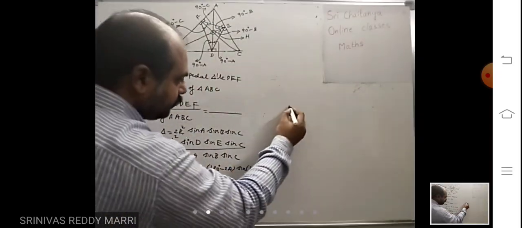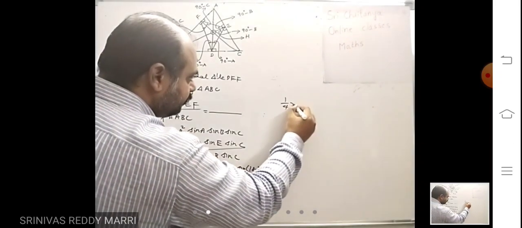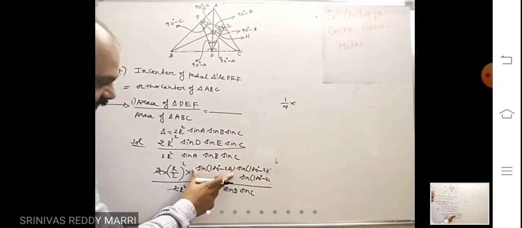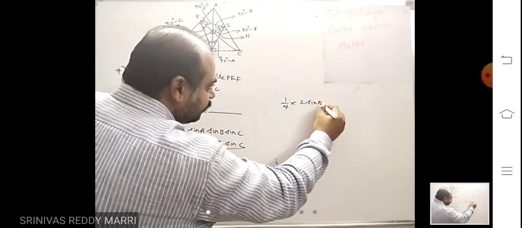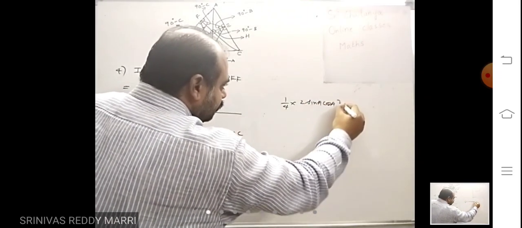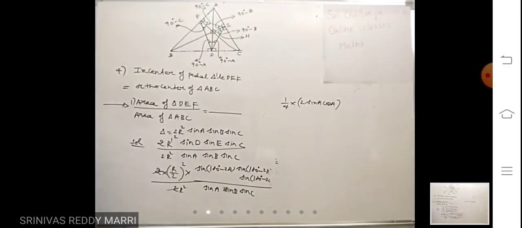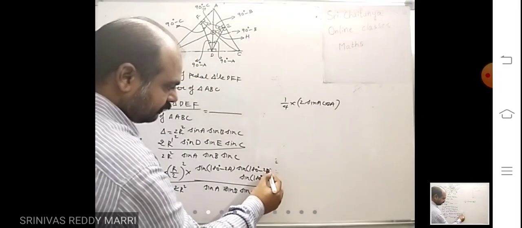So 1 by 4 into, this is sine 2A, we will write 2 sine A cos A. Sine of 180 minus theta is what? Sine theta.